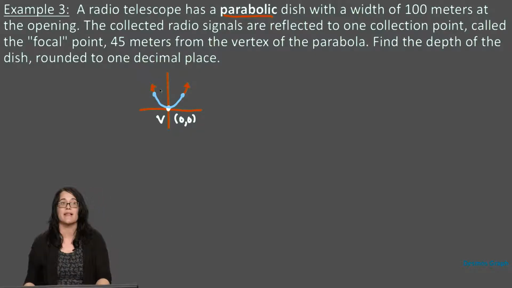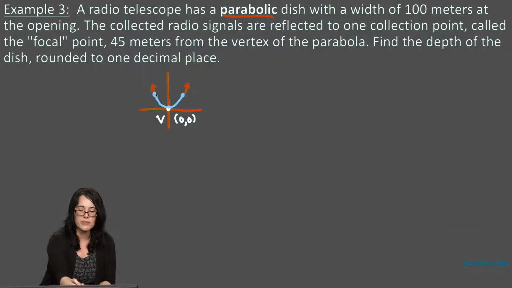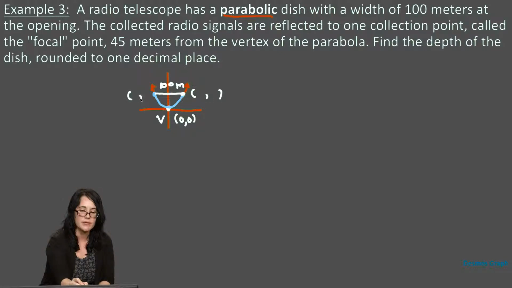And what they're telling us is that at its opening, it has a width of 100 meters. Can you now think about where that 100 meters would be? That's right, it would be this entire distance across. So if that entire distance is 100 meters across, can you tell me anything about the location of those 2 endpoints?